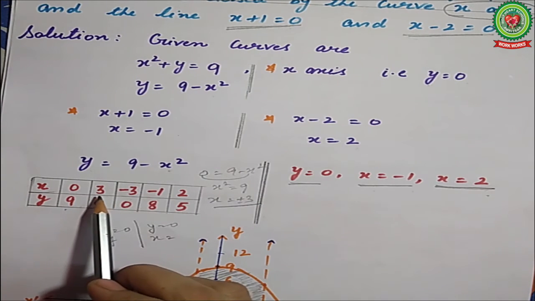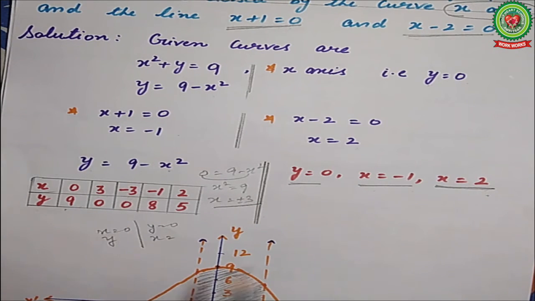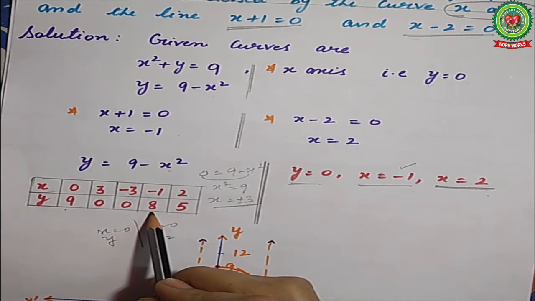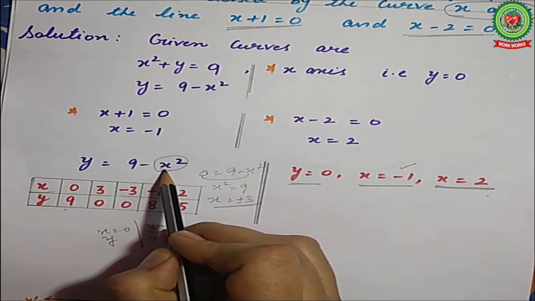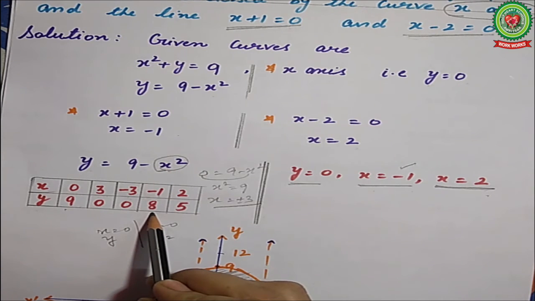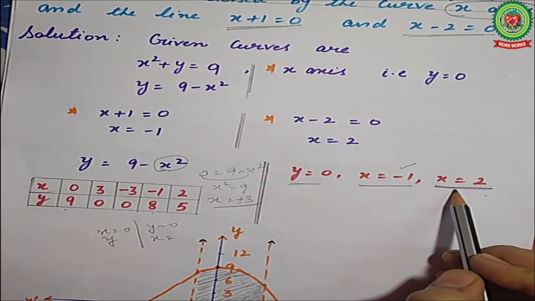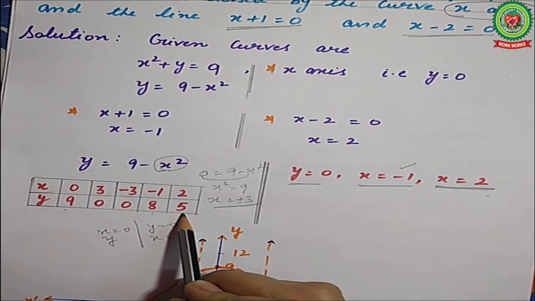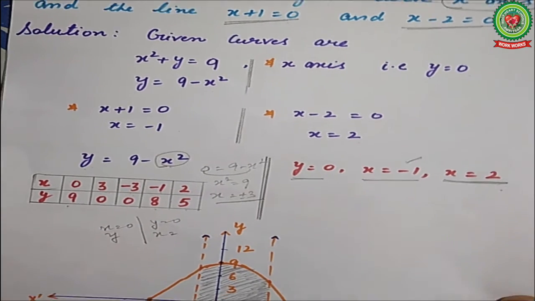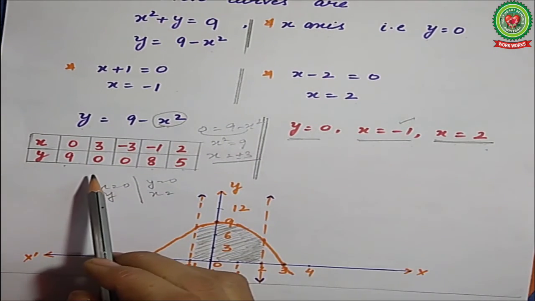So we will put the value plus minus 3 here. As x is minus 1 is already there, we can find one more point. When we put x is equal to minus 1, we find y is equal to 8. When we put x is equal to 2, we find y is equal to 5. Now we can draw the curve for the required points.